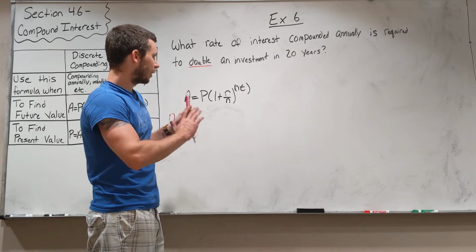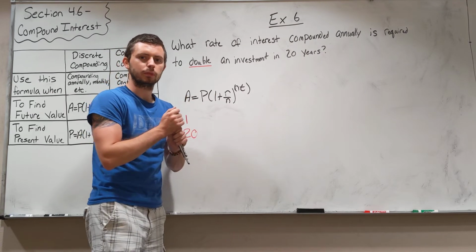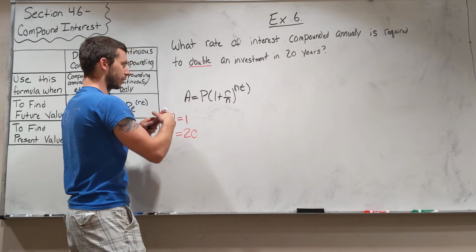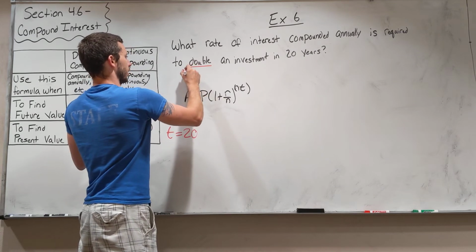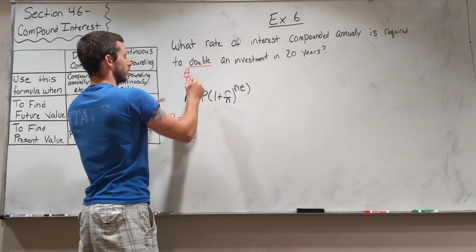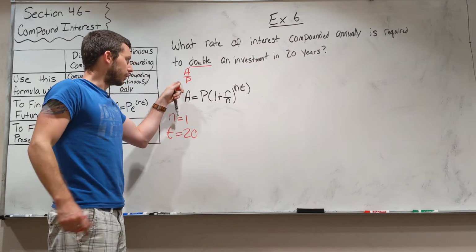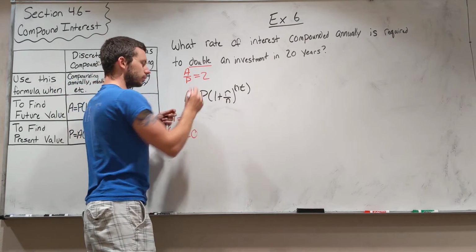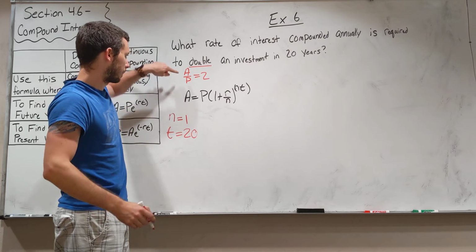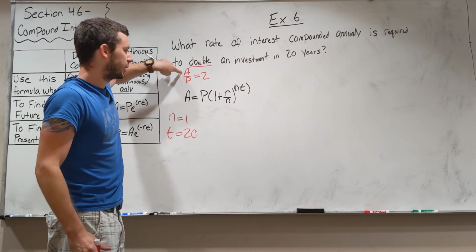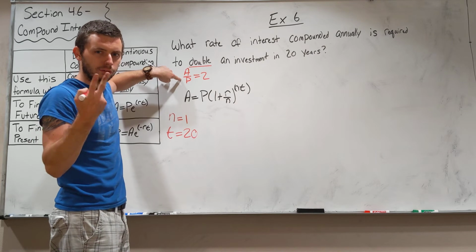So what it's saying here implicitly is that the quotient of A divided by P, the future value divided by the original value, is equal to 2. And that makes sense because the future value is 40, the present value is 20, that's 2.